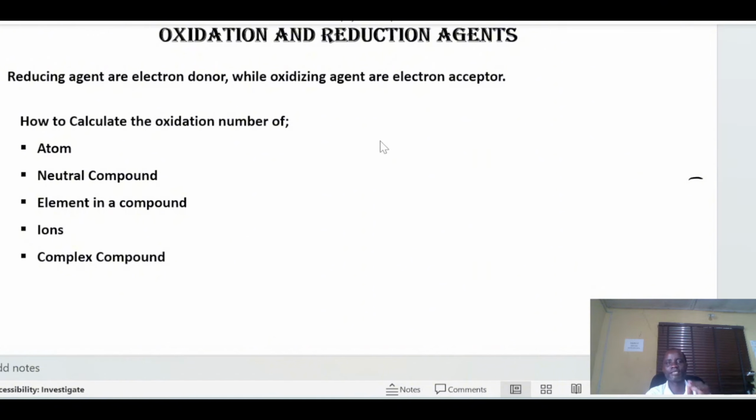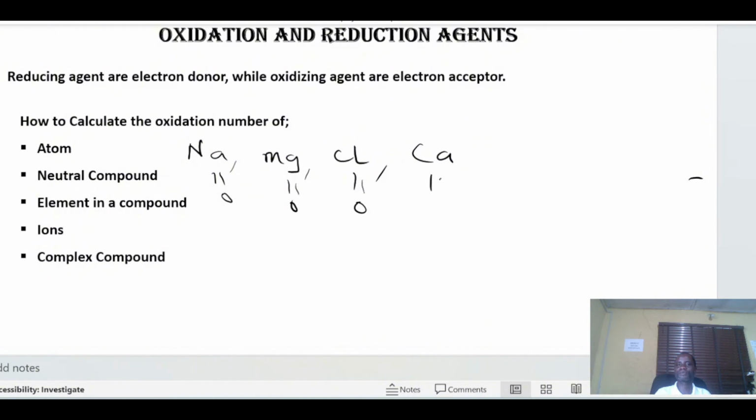What I'm trying to say in essence is that when you have atoms like sodium, magnesium, chlorine, and calcium, their oxidation number is equal to zero. That means the oxidation number of a stable atom equal to zero is the general principle.